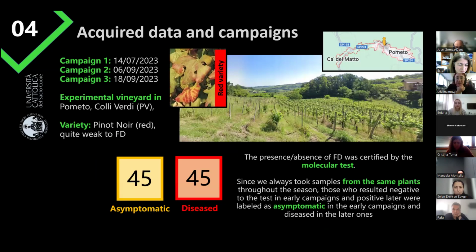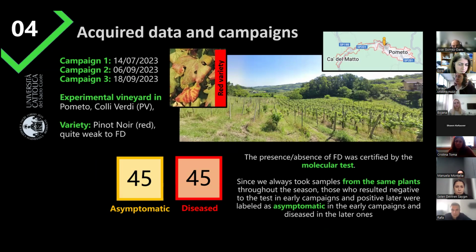This is a measurement campaign that I conducted in 2023. I have new data for 2024 that I've yet to analyze. We acquired some leaves from this camp, which is in Italy, near Pavia, in the Lombardy region.